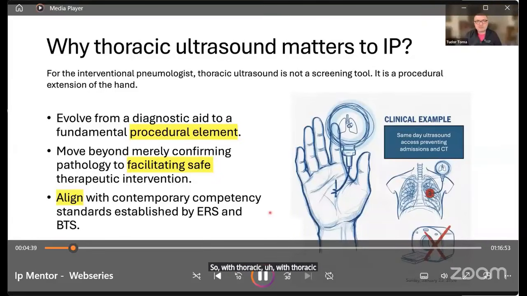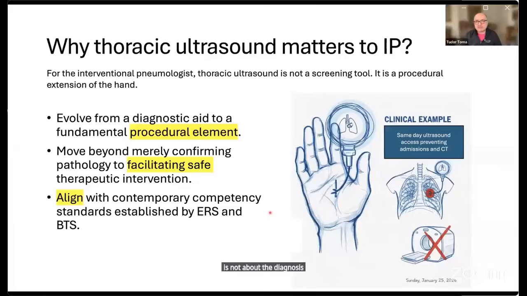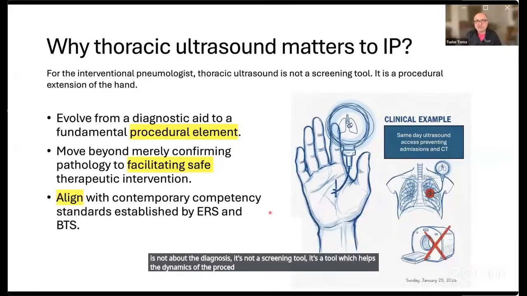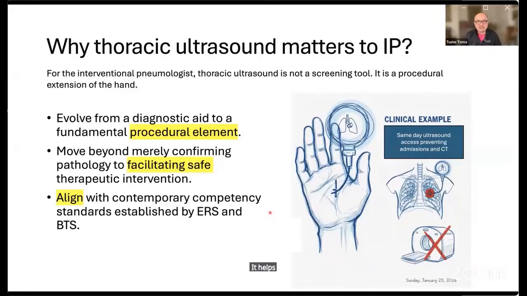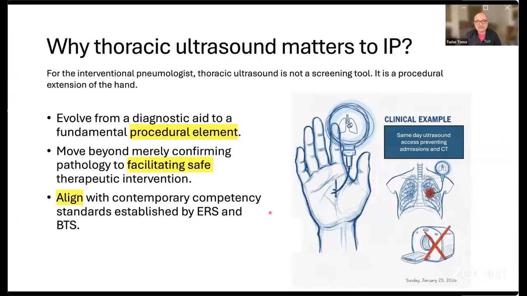So with thoracic ultrasound in interventional pulmonology, it is not about the diagnosis, it is not a screening tool. It's a tool which helps the dynamics of the procedure. So it helps in particular with facilitating safe interventional pulmonology procedures, interventional pulmonology interventions.